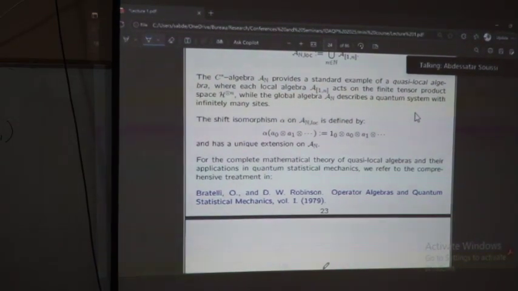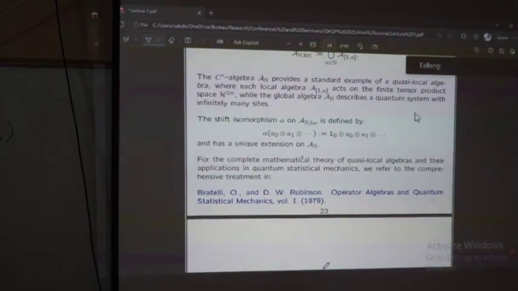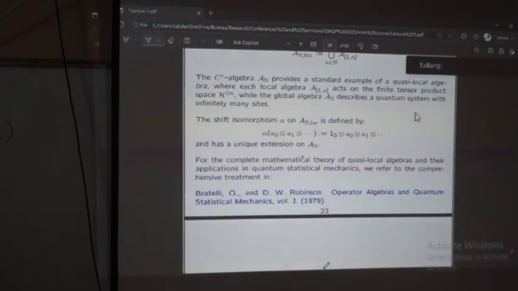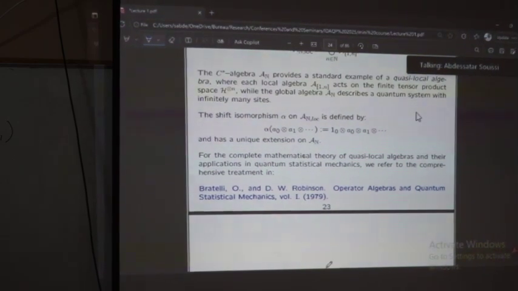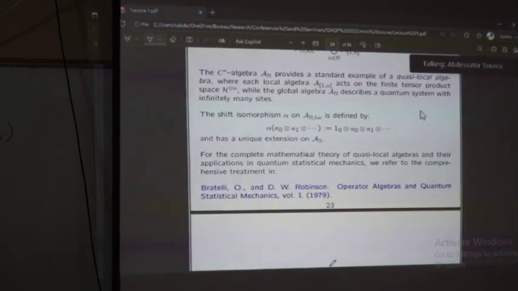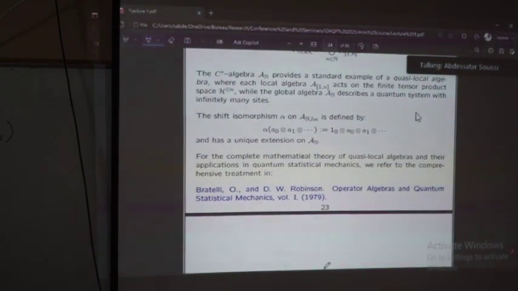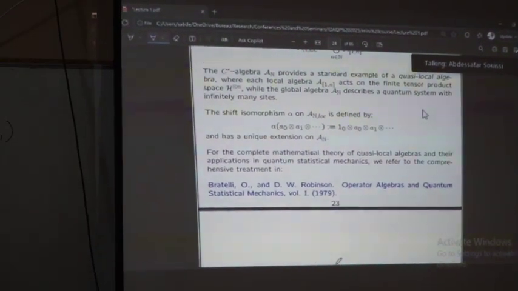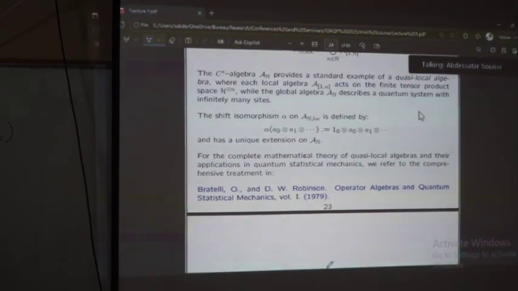Indeed, it maps the local algebra indexed by n to the local algebra indexed by n minus 1. For a clear representation of quasi-local algebras, people who are interested can see the book on the theory of quasi-local algebras for general unit sets.